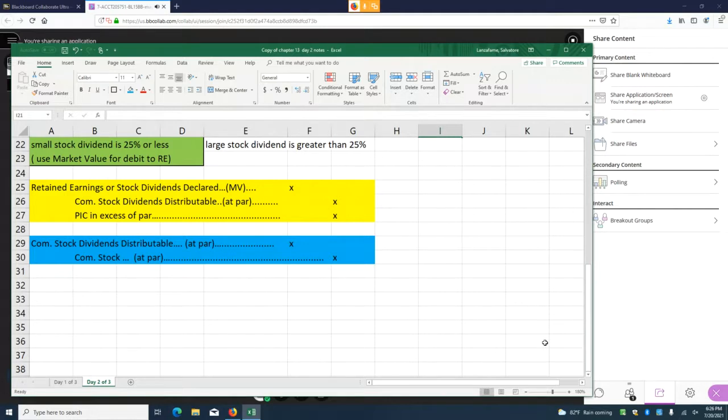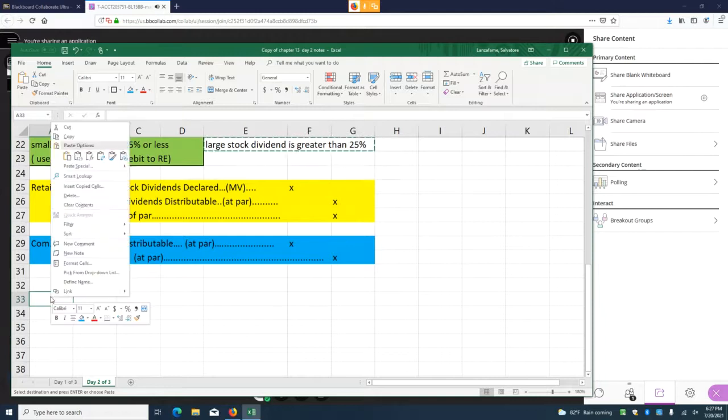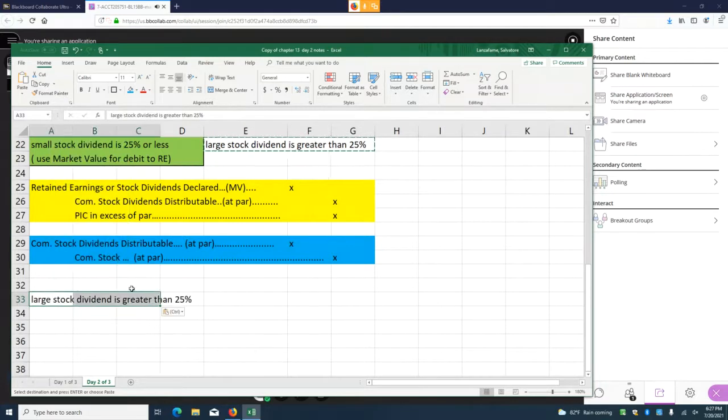Okay. So this is an example of a small stock dividend. Let's now look at a large stock dividend. Believe it or not, a large stock dividend is less work. One less line in these journal entries than we currently have.